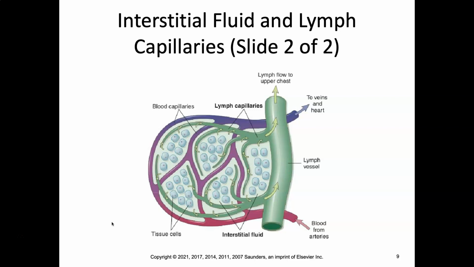And we have the blood capillaries. As you can see, the blood from the arteries starts at the bottom on the right. Blood from the arteries flows through the reddish part. It goes in, does its exchange, goes back through blood capillaries to the veins and heart.